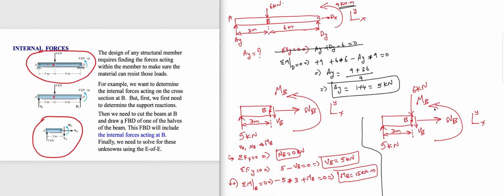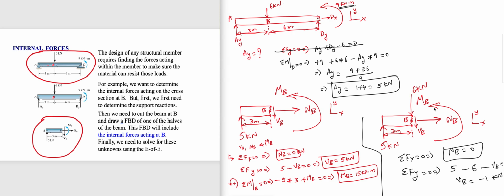Sigma Fx equal to 0 implies you just have NB equal to 0. That remains the same. Sigma Fy equal to 0 implies we have positive 5, negative 6, negative VB equal to 0. So how much is VB? You have negative 1 kilonewton. Sigma moment with respect to B equal to 0 implies you have 5 times 3 clockwise negative, positive MB equal to 0.